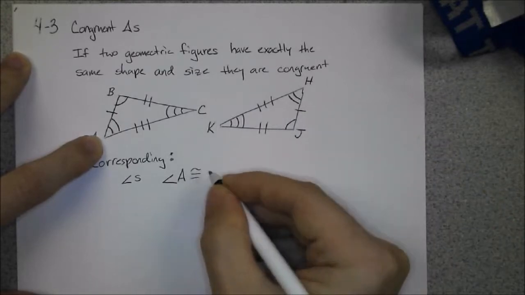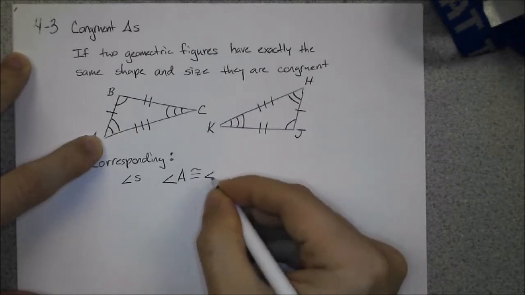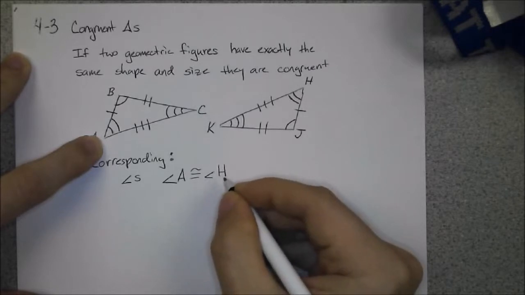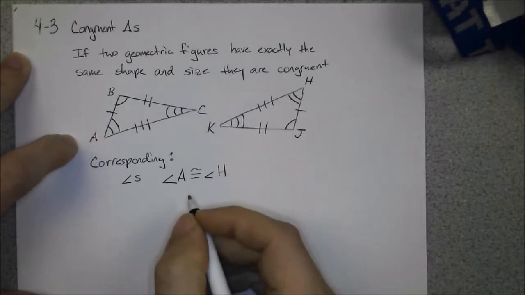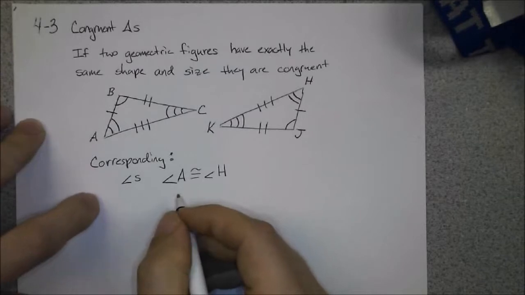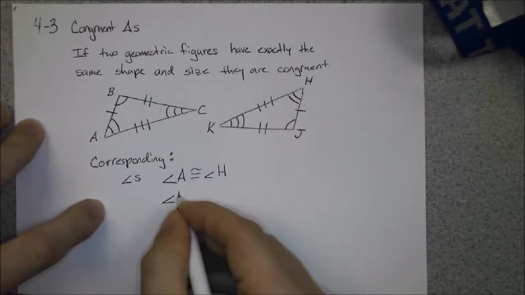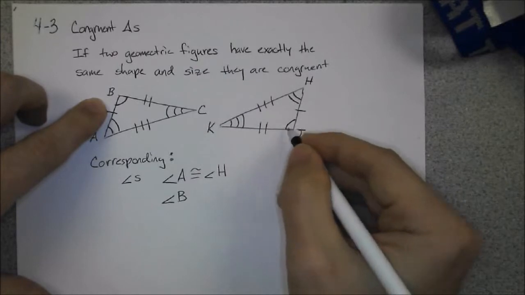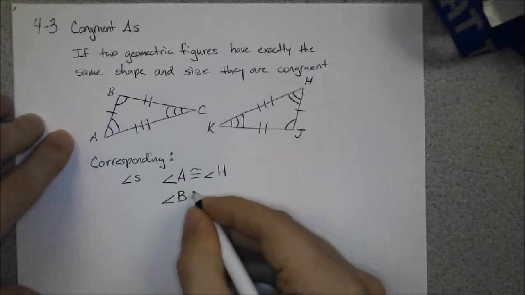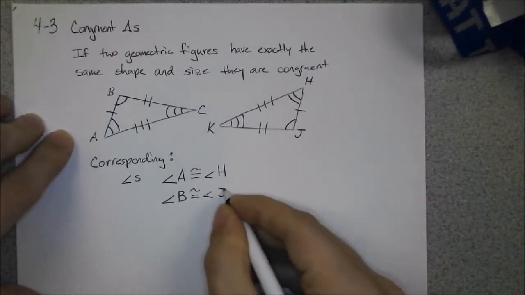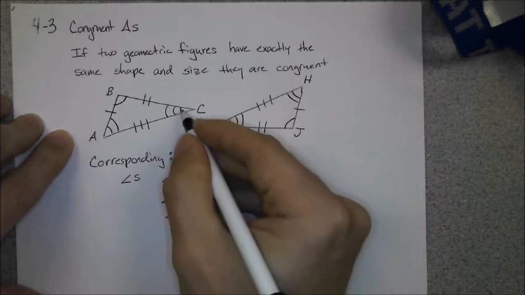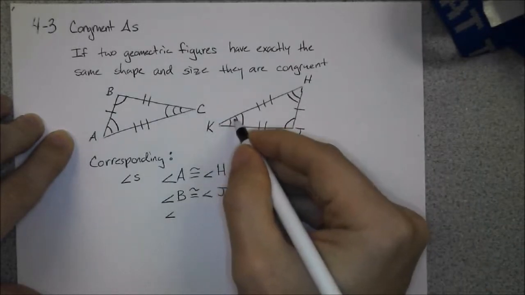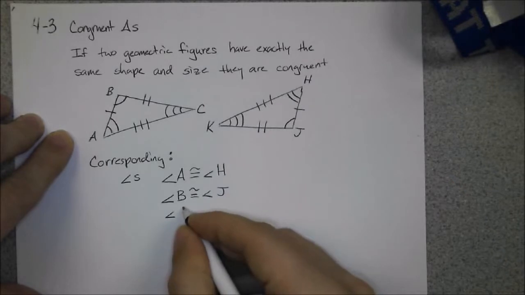So I'm going to say this is congruent to angle H. And next I'm going to say angle B has one mark, is congruent with angle J. And angle C, 1, 2, 3, congruent with angle K.